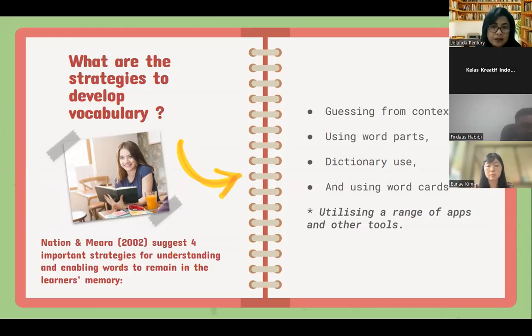And then dictionary use and using word cards, flashcards, etc. And I add this strategy for recent learning by using technology: utilizing a range of apps and other tools. Next.